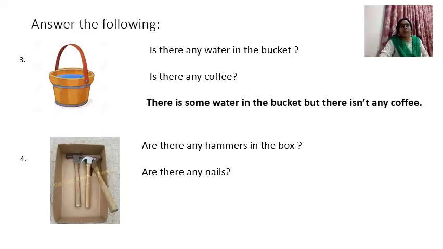Hammers, right? There are no nails. How will you answer the questions? Both the questions in one sentence by using the magical word but. It is the key word. There are some hammers in the box, but there aren't any nails.